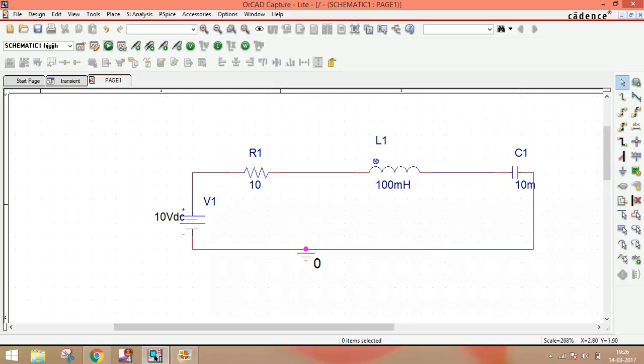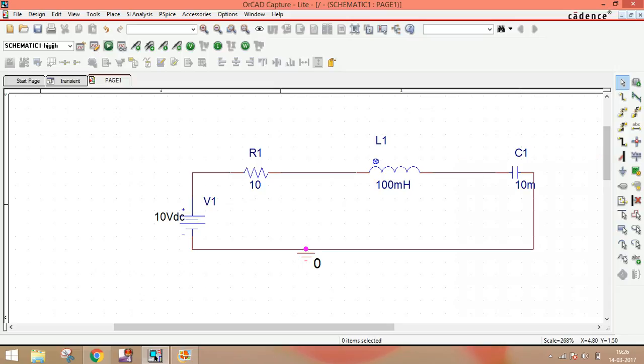So this is step response, but if it is a pulse, meaning a square wave, then it is called pulse response of the RLC circuit. But if it is a sinusoidal voltage, then it is called sinusoidal response of the RLC circuit. That is what we find in the transient condition in PSpice.